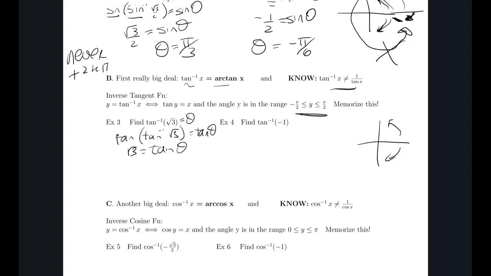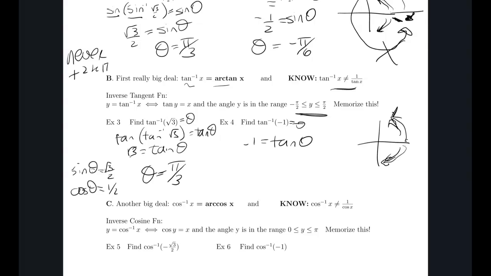So I'm thinking with sine over cosine, where the sine is √3 over 2, and the cosine is 1/2. So again, we can only choose in this region between pi/2 and -pi/2. So it has to be when they're both positive, and that's going to be pi/3.